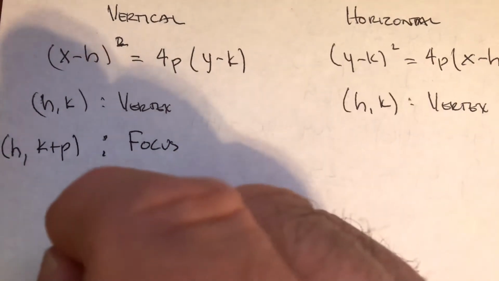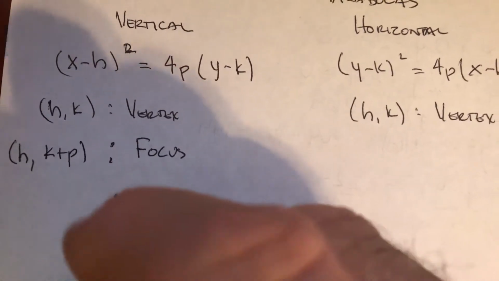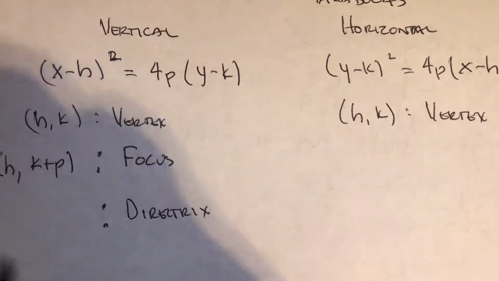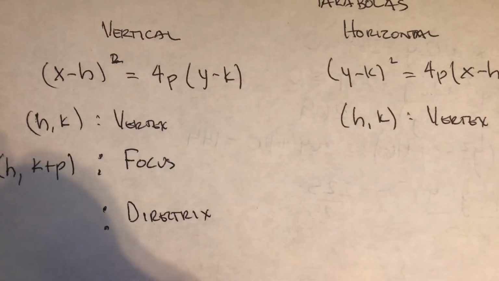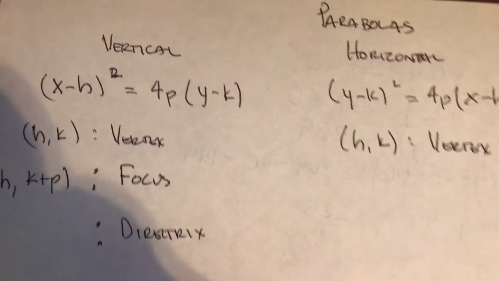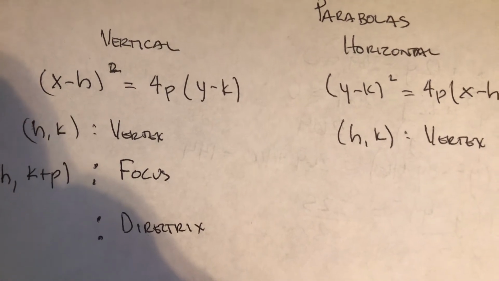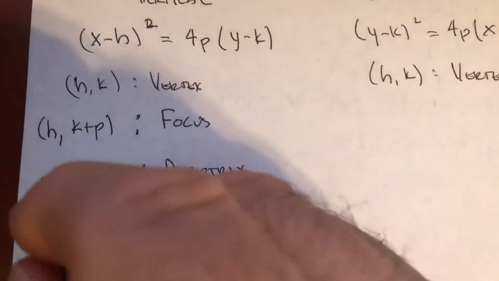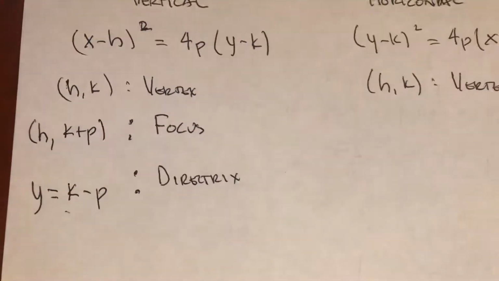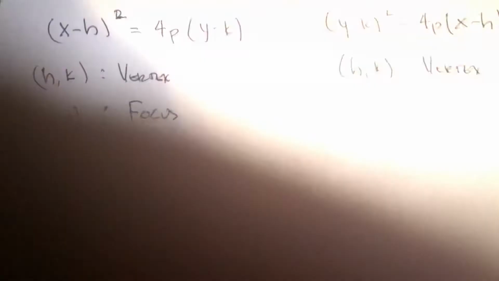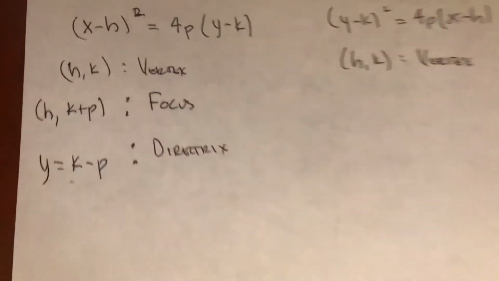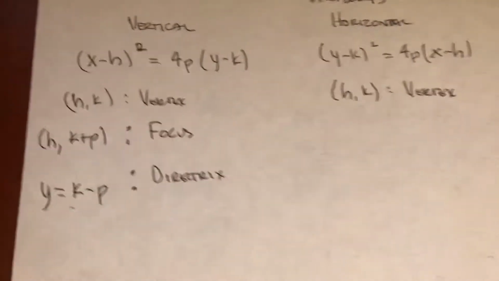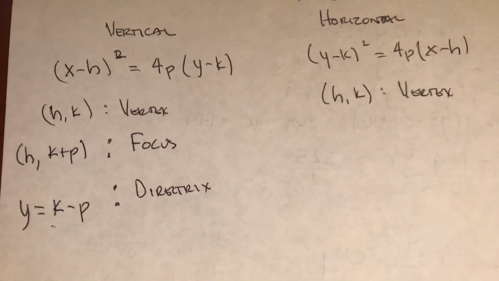And the directrix will always be the equation y equals k minus p. Now, all of these formulas can be found in your textbook and on the PowerPoint slides. When you take a quiz or a test, I would expect you to use these formulas. I'm not expecting you to memorize these, right?